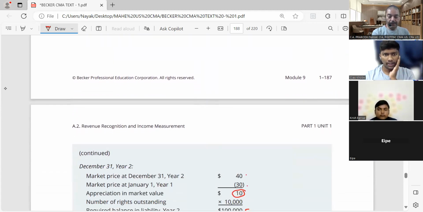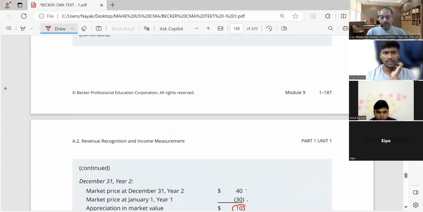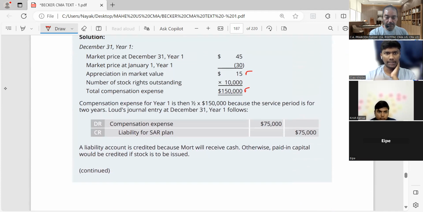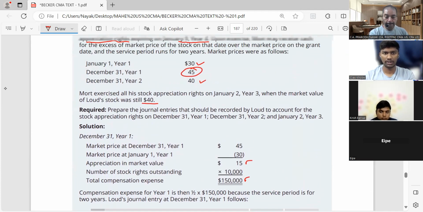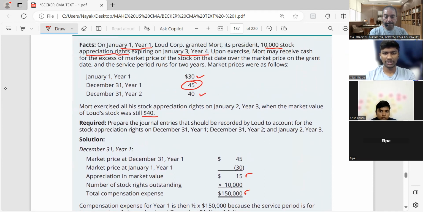Okay. Sir, in this question, it is given the expiry of the option is supposed to be in the year 4. If he would have taken decision to exercise the option in the 4th year, then also it must be the same? Because it is year 4, we'll require the details also on the 4th year as to what is going to be the market value, the fair value as on December 31st.